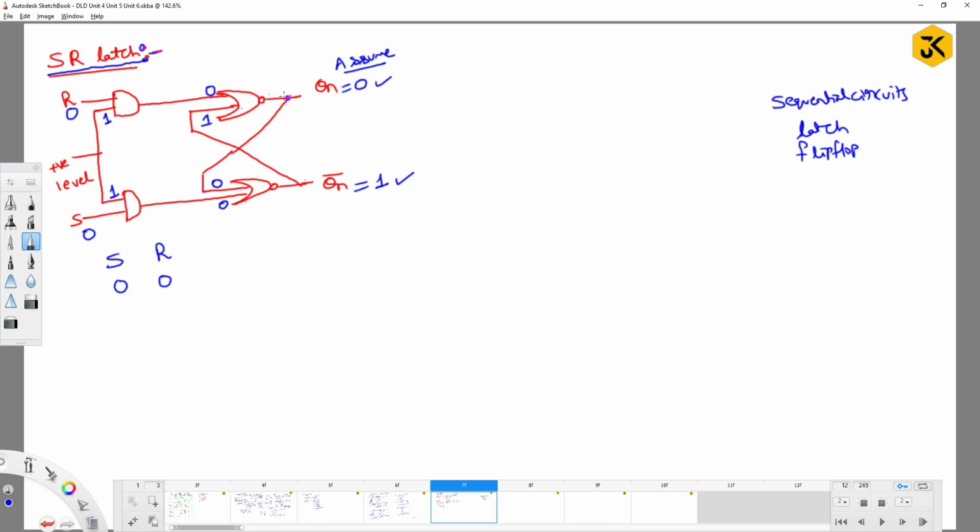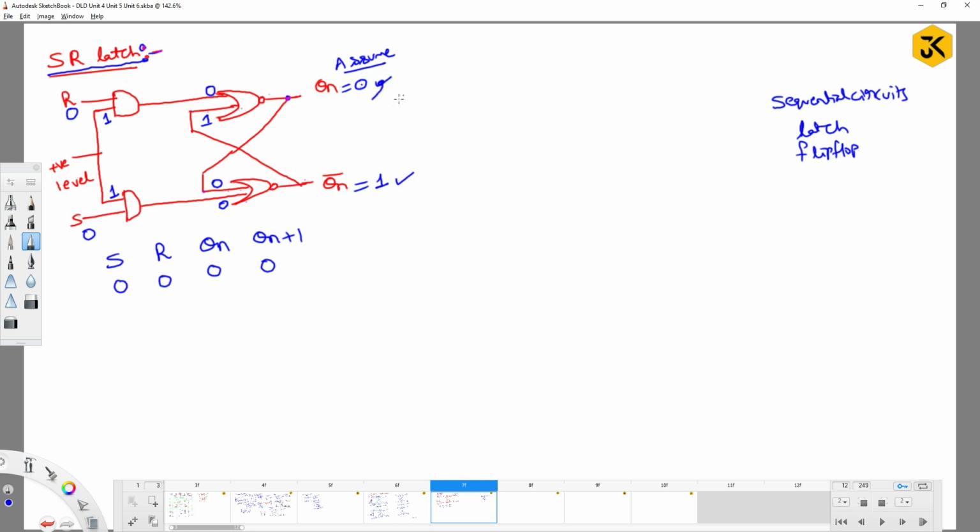Now repeat again: 0 NOR 0 is 1, which comes here, and 1 NOR 0 is 0. It repeats the same process. So if I give Qn as 0, what is the next state? 0 only. Am I right? Yes. I have assumed that 0 is the previous state.